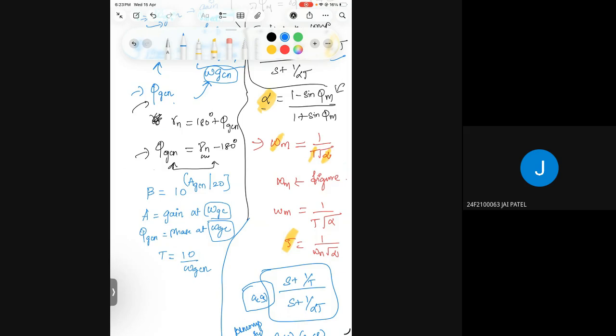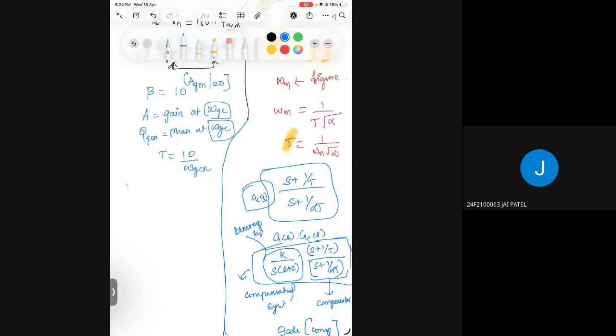So I am confused with the phase and gain crossover frequency. I think the phase crossover frequency is that which is equal to minus 180 degree, if the angle of G of j omega is minus 180 degree.